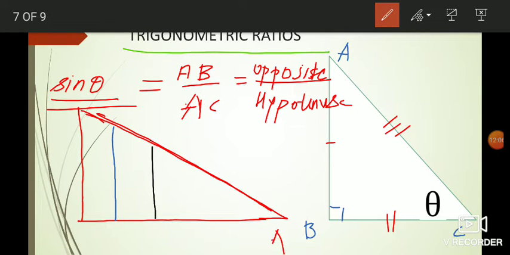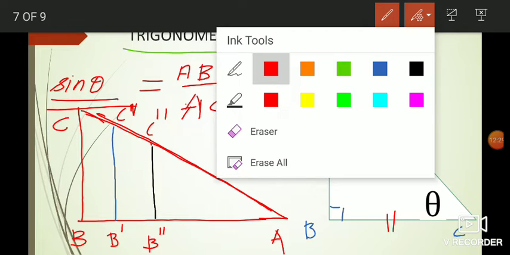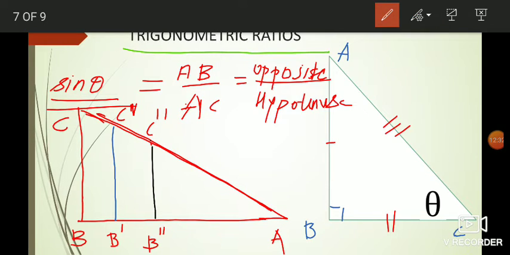I have here A, B, C, C dash, and C double dash, and here B dash and B double dash. So what I can observe here is all these three triangles are similar triangles. You might have learned about similarity, or if you have not learned about it, you might have a simple idea about it, right? All these three triangles are similar. Why? Due to a rule of similarity.